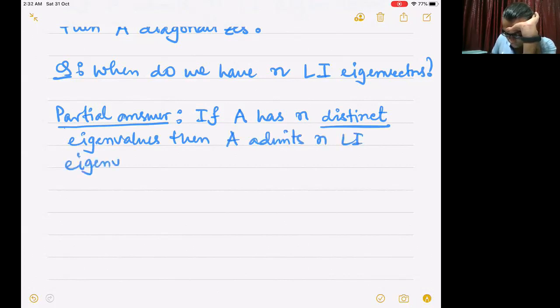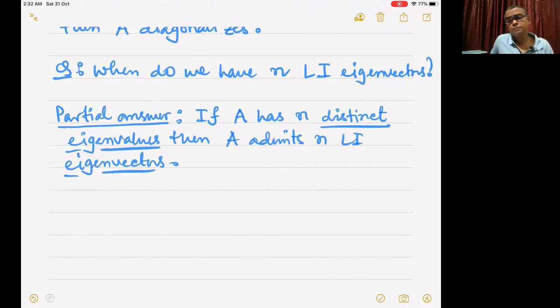You understand, no? This is important. So if there are as many distinct eigenvalues as the dimension of the vector space, then there will be n linearly independent eigenvectors.